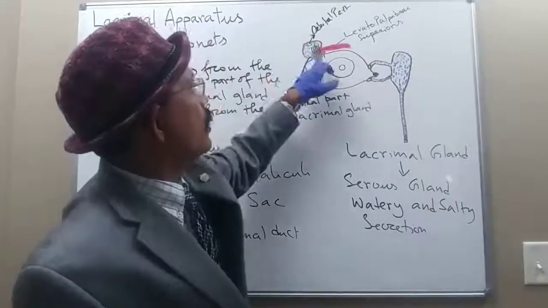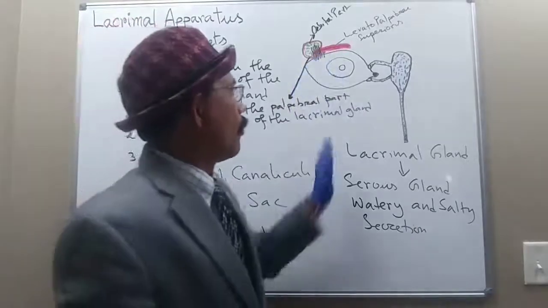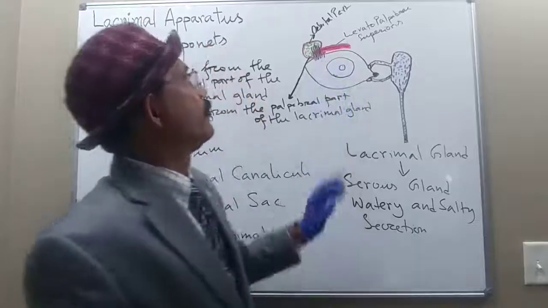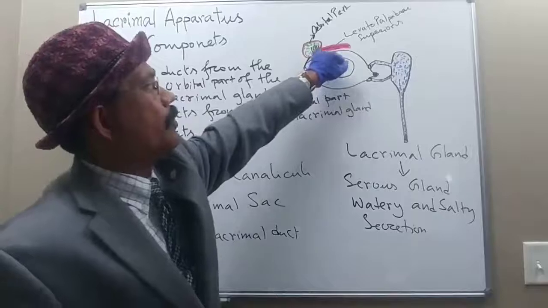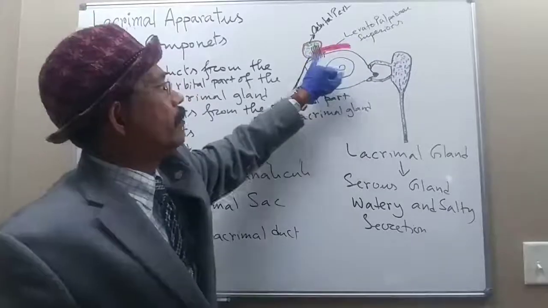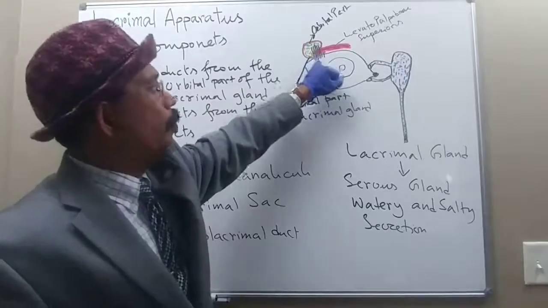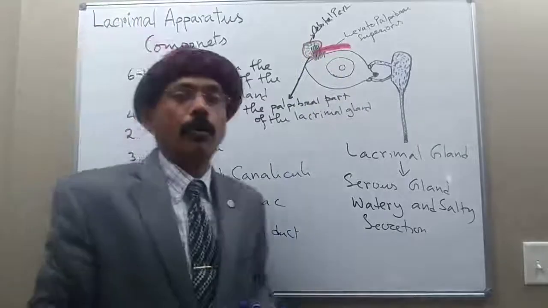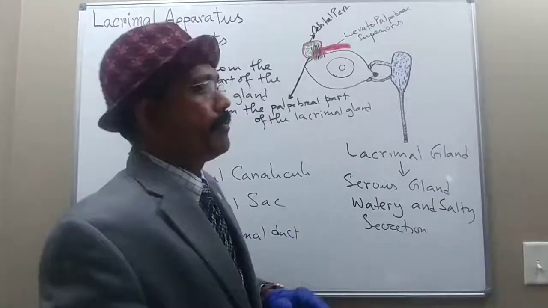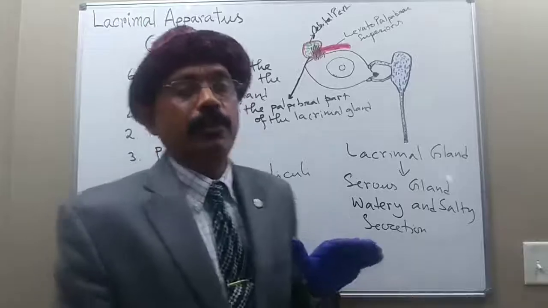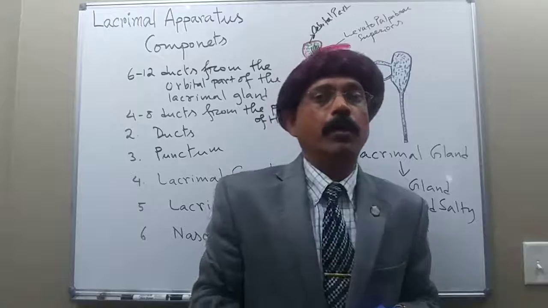Then it passes through the palpebral part of the lacrimal gland and opens into the conjunctival fornix. Conjunctival fornix is the area between the palpebral conjunctiva and the bulbar conjunctiva.